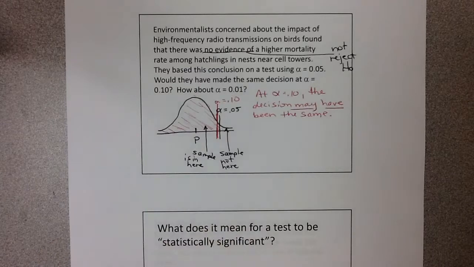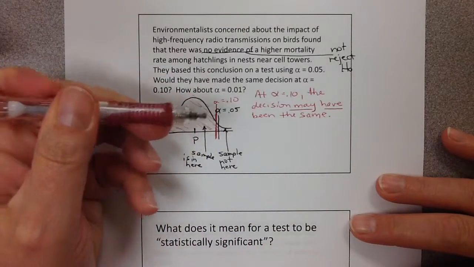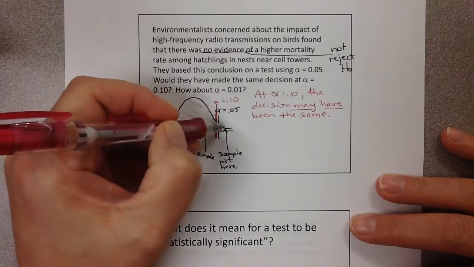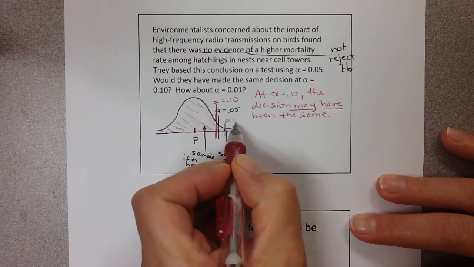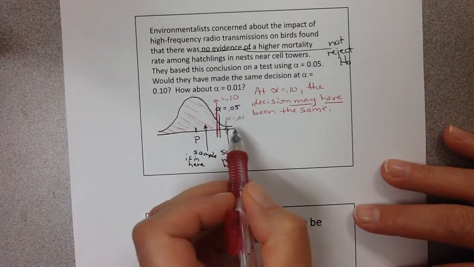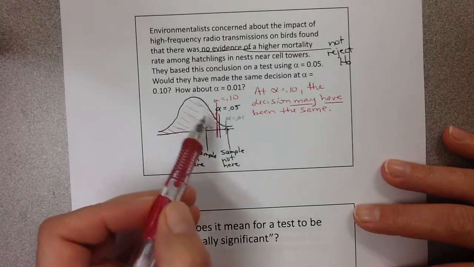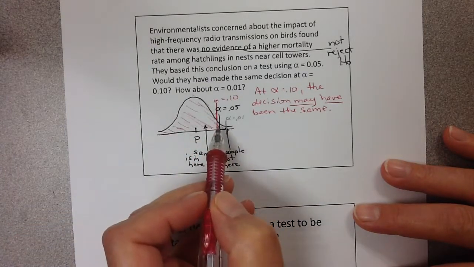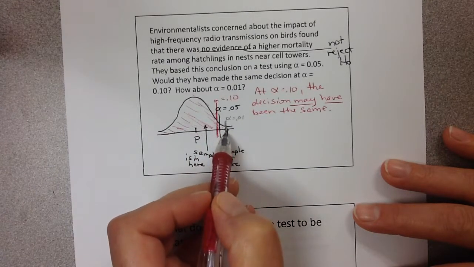On the other hand, at 1%, if we go to where 1% of the area is, let's do this in a different color, some pencil. Let's say that alpha is 1% there. Okay, now the reject zone is out here in this little tail. And I know for sure that my sample was in this shaded region over here, which means my sample was closer to P than that cutoff.